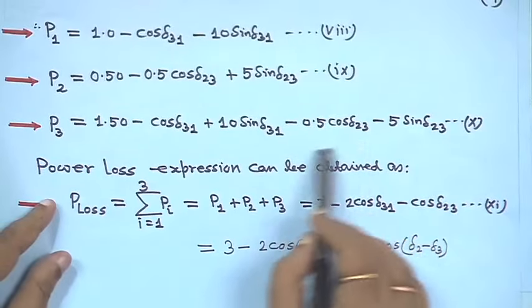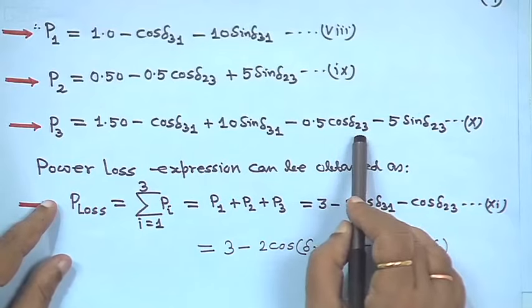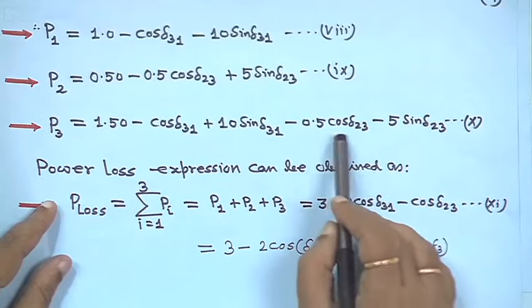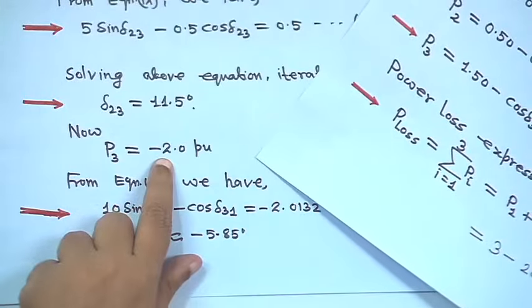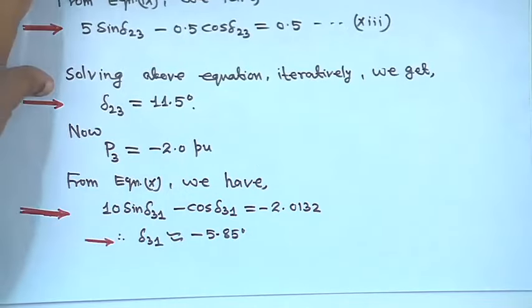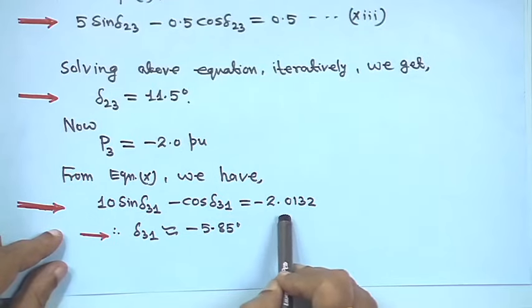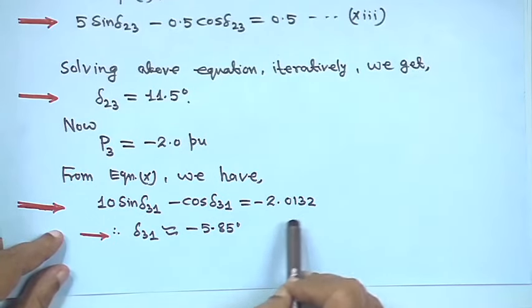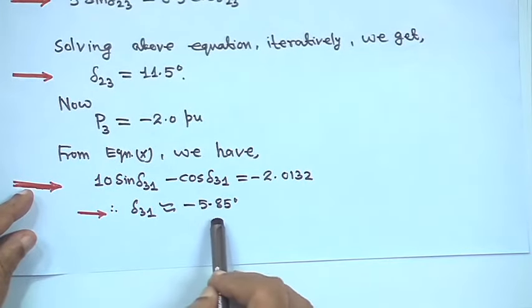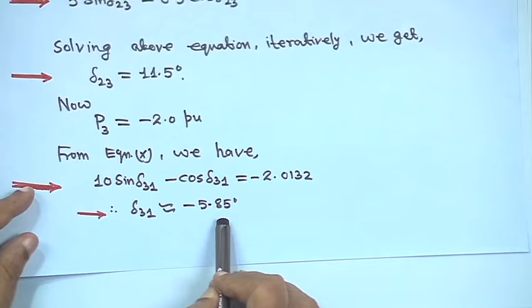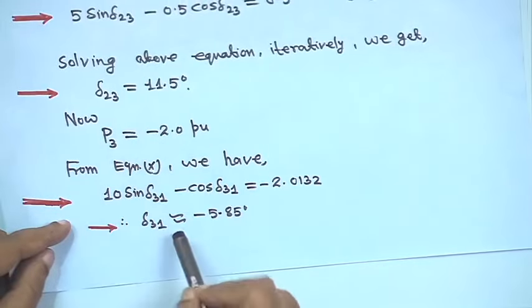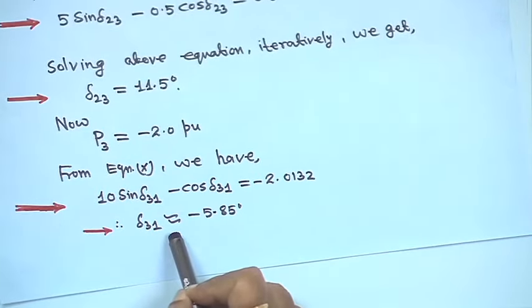So, in this equation 10, you get cosine delta 23, sin delta 23, and simplify this equation, and P3 is equal to minus 2.0 at bus 3, right. Then you will get 10 sin delta 31 minus cosine delta 31 is equal to minus 2.0132. So, again by trial and error I have got delta 31 approximately minus 5.85 degree, right. So, this delta 23 and delta 31 I have got, right.